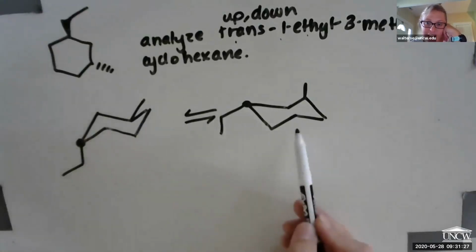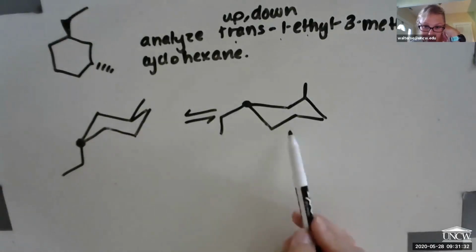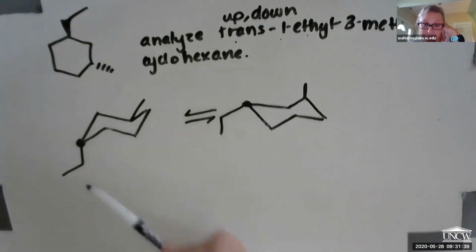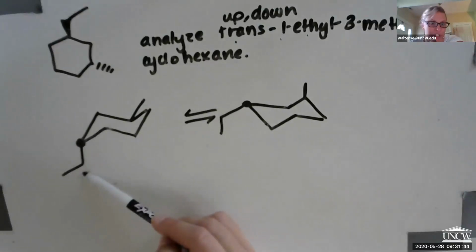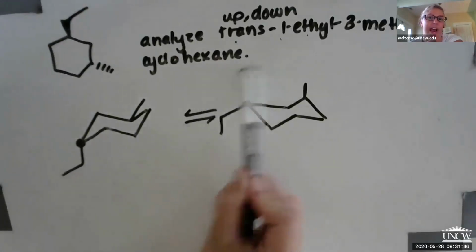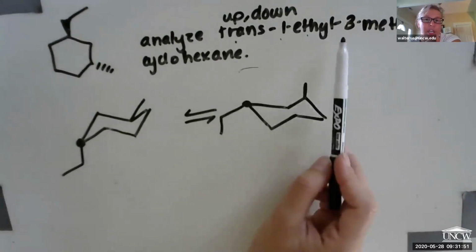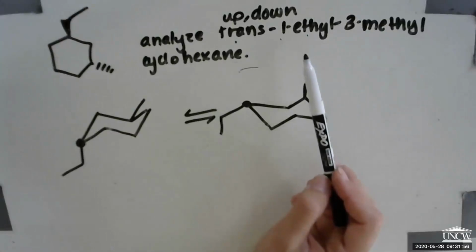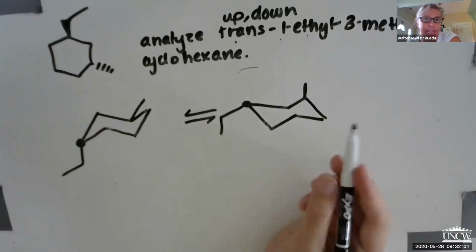If I had drawn this ring better and it was my favorite, I would have started here and put the ethyl axial up. It just depends on how you like to do it, but I always like to start on carbon 1 with a down position. Then I adjust how I draw the other substituent and the direction based on the name. So how I do it is not necessarily how the other people in the class are going to do it.